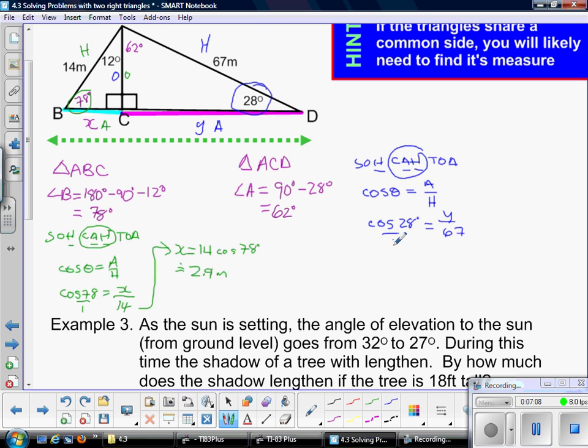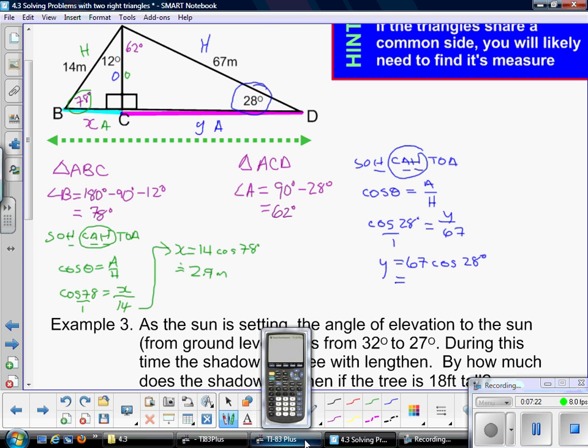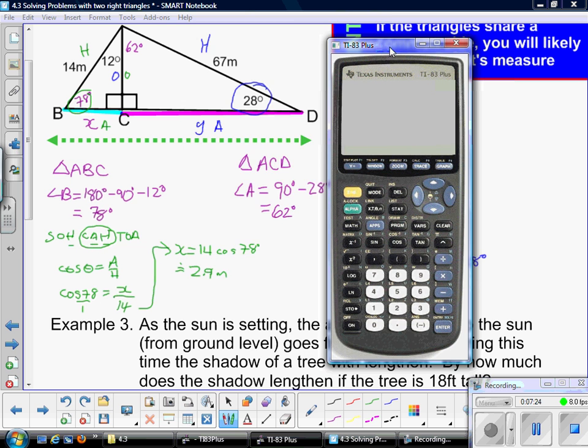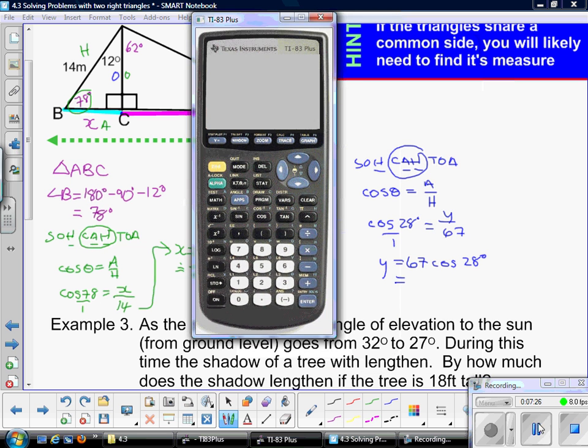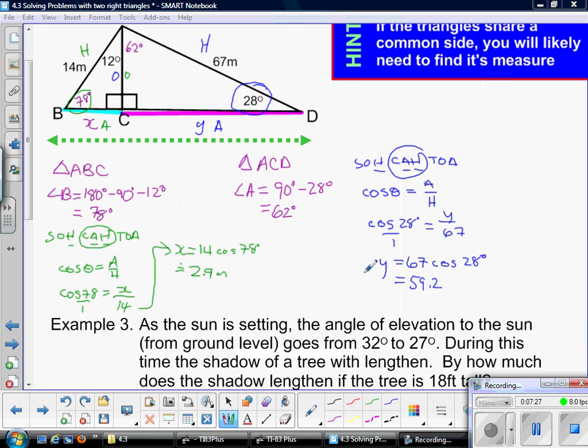Again, if I cross multiply, I would end up with y equals 67 times the cos of 28 degrees for a grand total of 59.2.